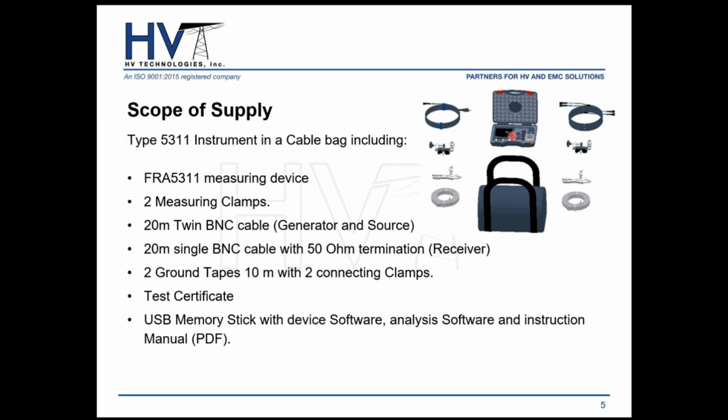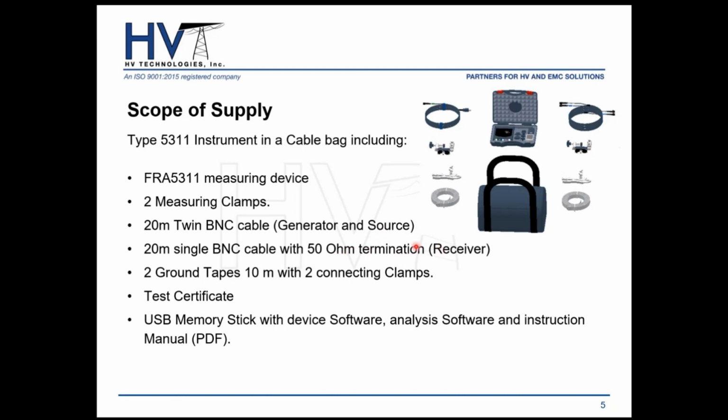manual. And then you'll also get a cable bag, and in that cable bag, you'll get your 2 measuring clamps, as I mentioned before, 1 measuring clamp for your twin BNC cable, which is a 20-meter cable for your generator and source, and another 20-meter cable for your single BNC cable with the integrated 50-ohm termination for your receiver.